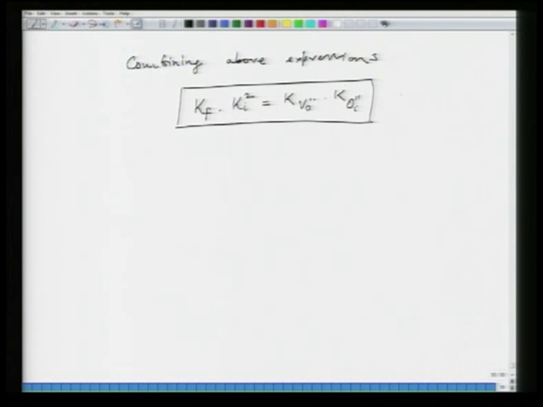That is easy to verify, you can do that yourself. So, this would be equation number 5.